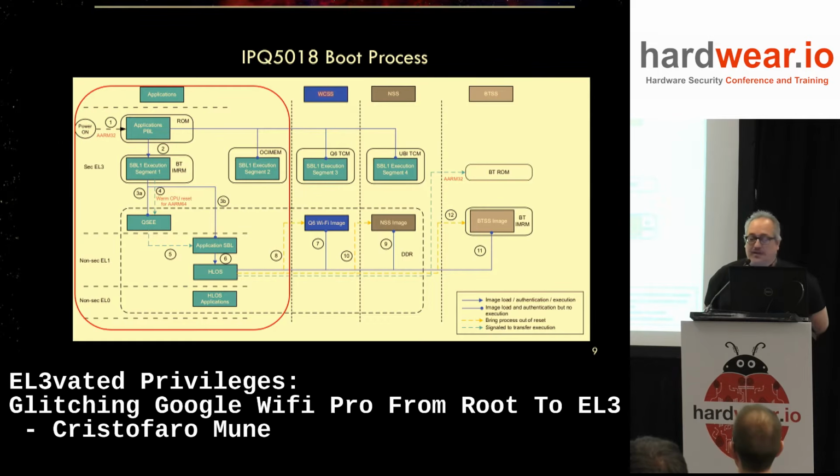Then the SBL will initialize QSEE on the secure side, running at secure EL1, or actually secure EL3 in this case. Then there will be initialization of the application SBL, which is U-Boot, and then the HLOS, the high-level operating system, which is Android.